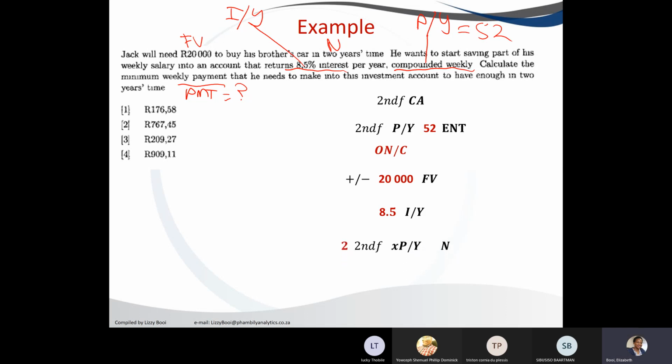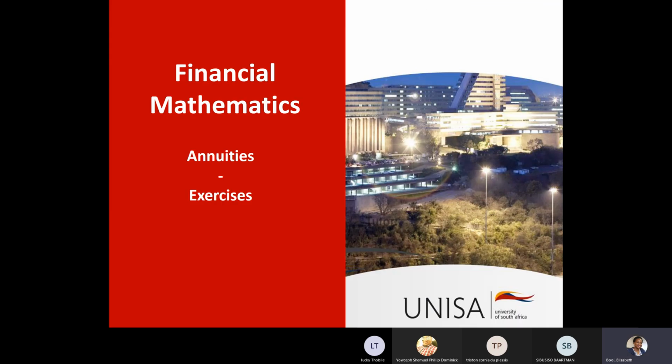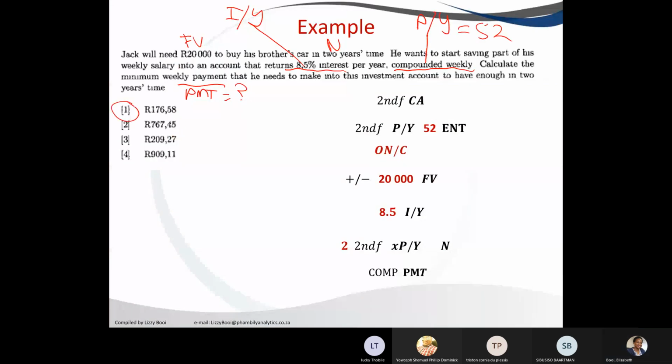Then we put in the periods by saying 2 because there are 2 years, 2 second function times P/Y, which is pressing the N button, and then press the N button again. And then we can compute our PMT, which is our payment, and we find that our payment is equal to 176 when you click on the PMT.